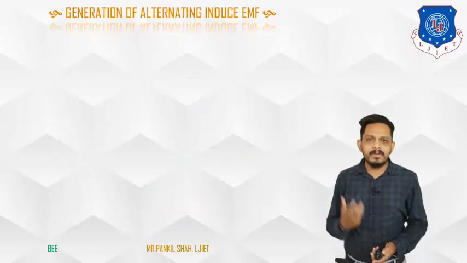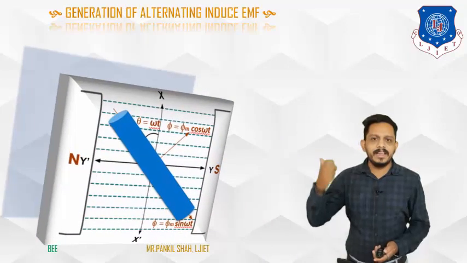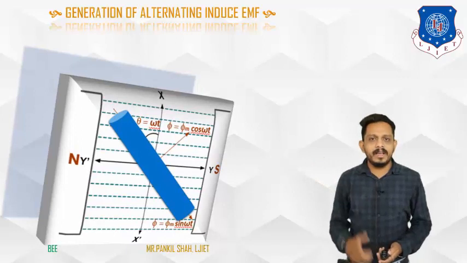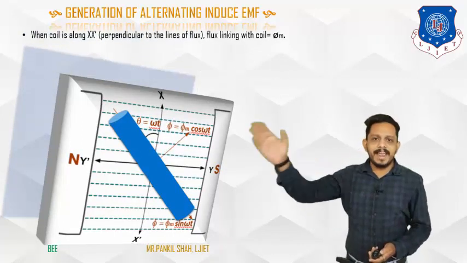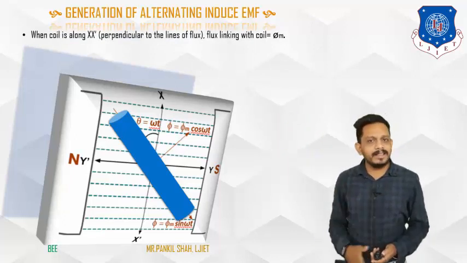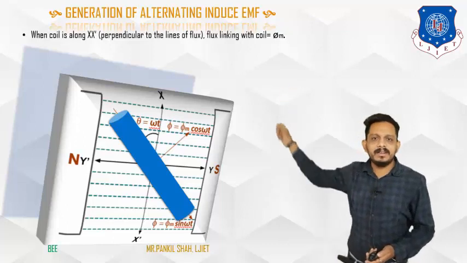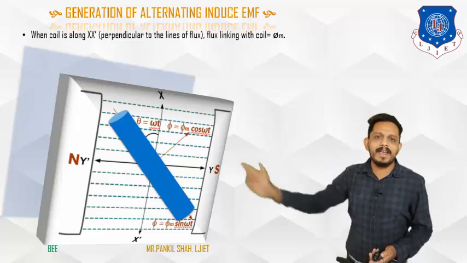So let's first derive the equation of flux, how the flux is linking with this coil. For that we are taking three examples. Between this N pole and S pole there are two axes. That is a vertical axis, the x axis, and a horizontal axis, y dash.